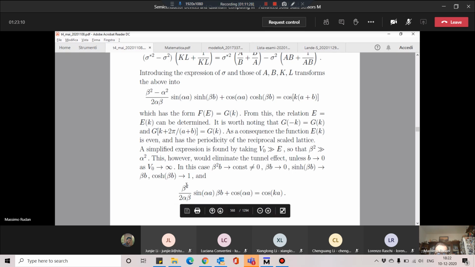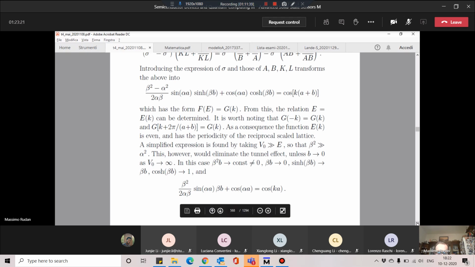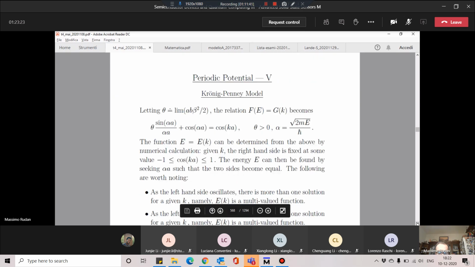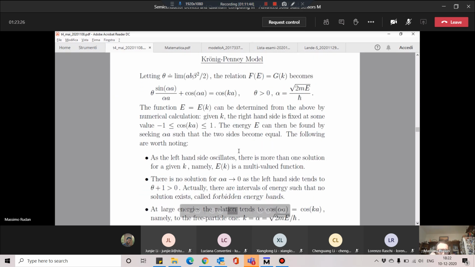We may multiply by A. A is a constant, it depends only on the structure, so we can safely multiply by A. So in conclusion, we have sine of alpha A over alpha A times a parameter that we call theta. It is the limit of AB beta squared divided by 2. And this is it. Theta, of course, is strictly positive.